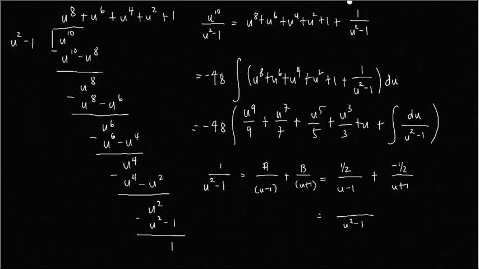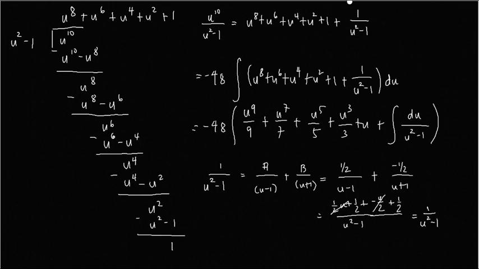So if we cross-multiply this, we have 1/2 u plus 1/2 and then plus, okay, plus what? U times negative 1/2, so this is minus u over 2, then plus 1/2. Okay, so u over 2 minus u over 2, they cancel out, then 1/2 plus 1/2 is 1. So babalik tayo sa 1 over u squared minus 1.